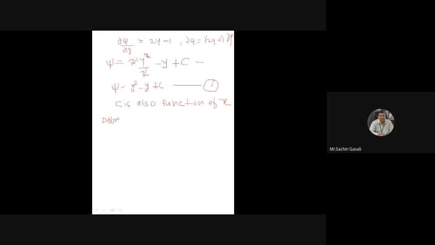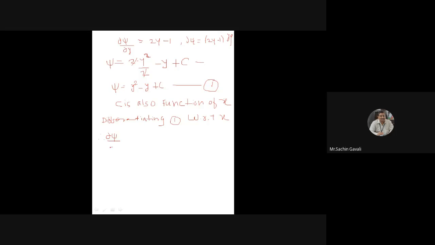Differentiating equation 1 with respect to x, we will tell the next step.